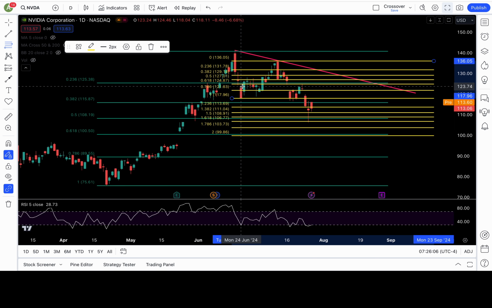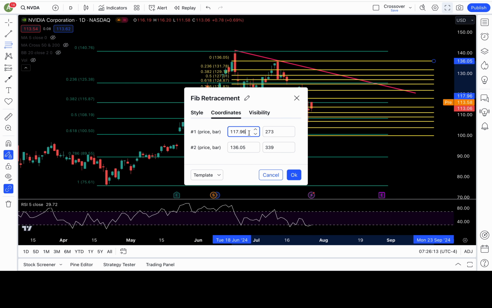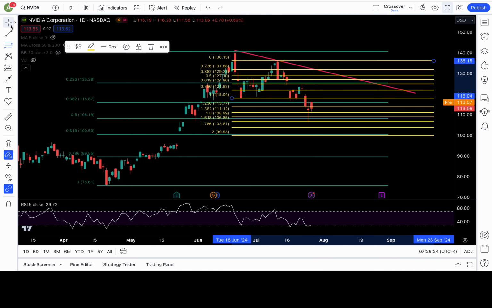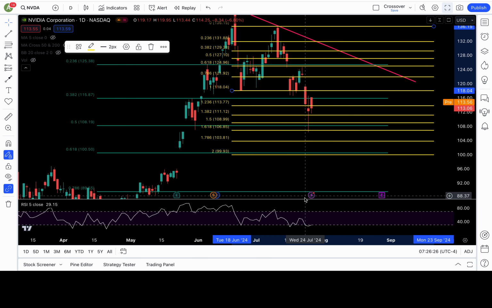Okay, so June 24th pivot low was 118.04. And the pivot high here on July 11th was 136.15. There we go. Now we got medium-term and short-term levels.